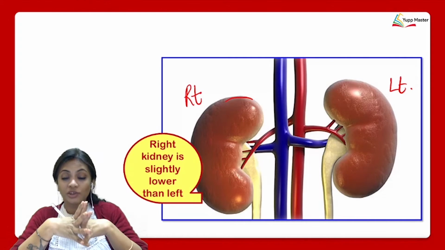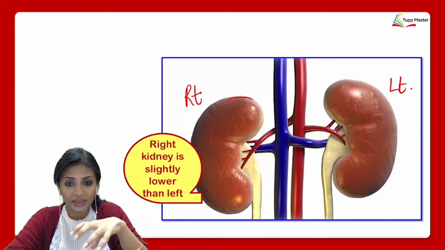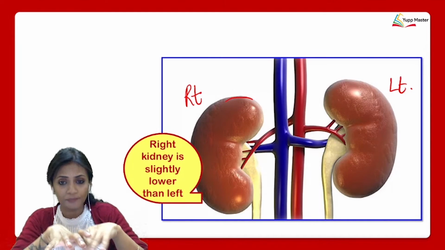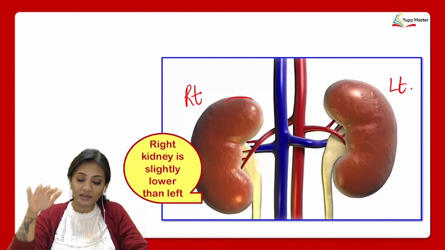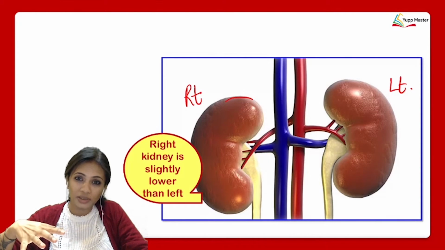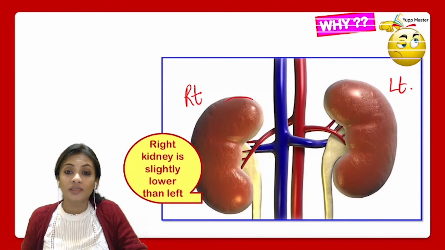Why is that? Just imagine, in your body, what is present above the right kidney that is heavy enough to push it downwards? Yes, it's none other than the liver.